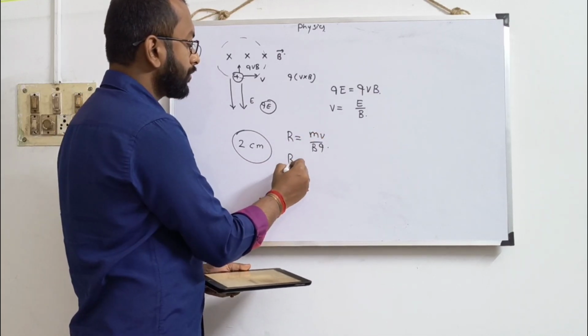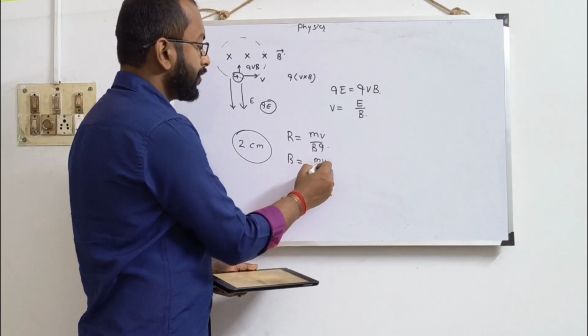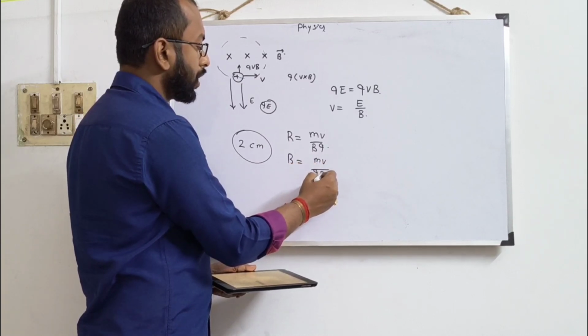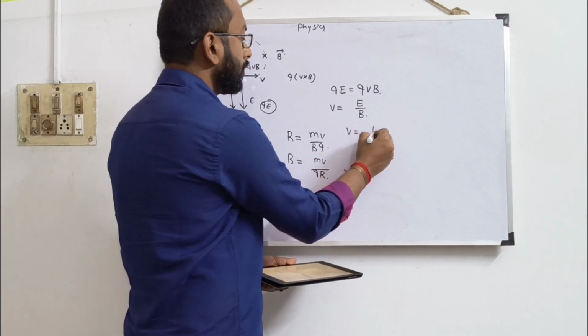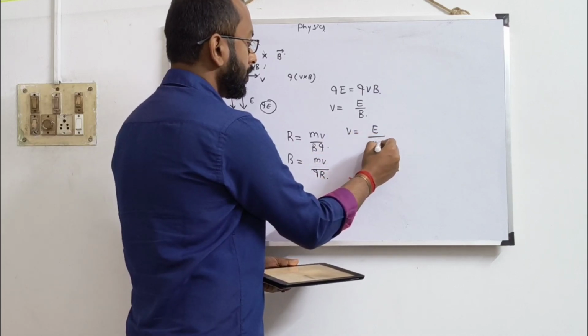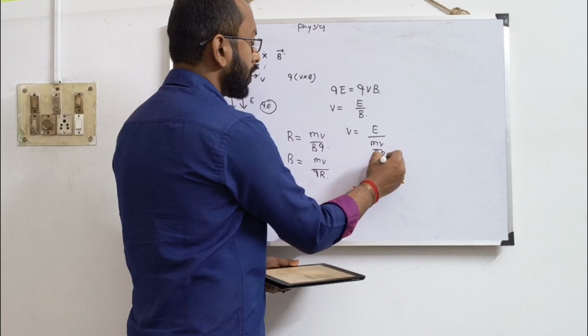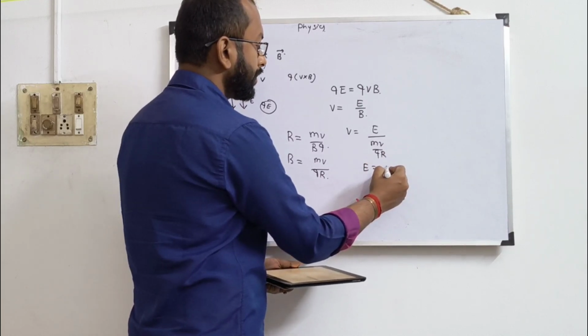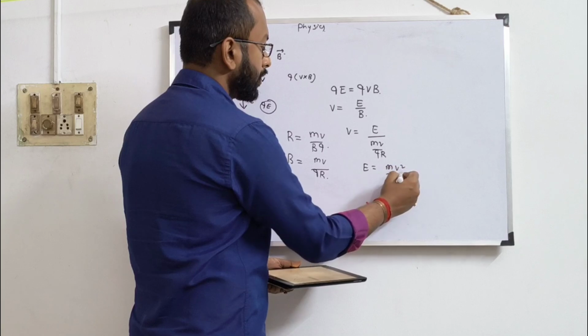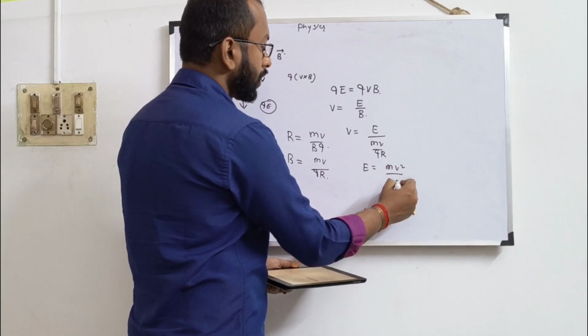The value of the magnetic field is mv by q into R. We just put that here. E equals v into mv by q into R. So the value of the electric field is m into v square by q into R.